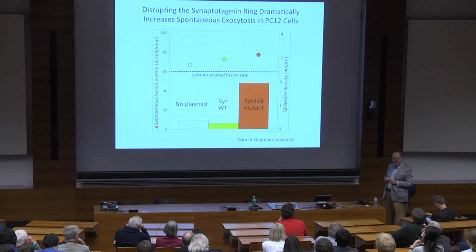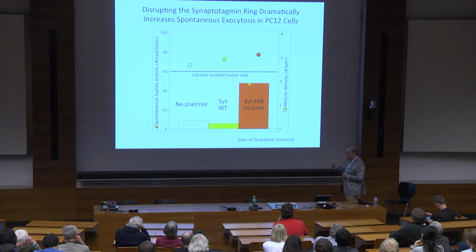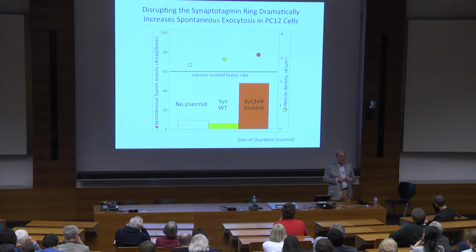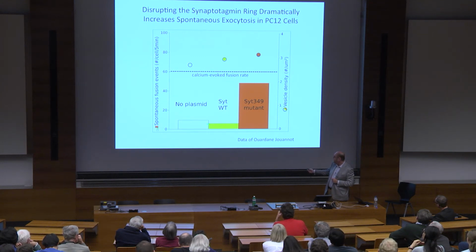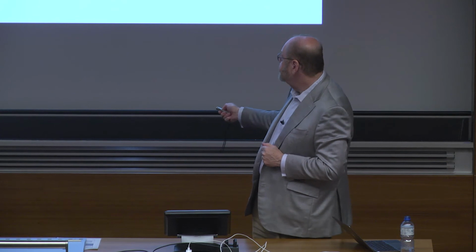So that suggests that the ring incompetent protein is acting to prevent an endogenous clamp. Now this is a somewhat imperfect experiment, but it's not impossible to interpret. These cells have a low spontaneous release, we believe, because they have synaptotagmins 7 and 9 expressed in abundance. And that clamps them down.